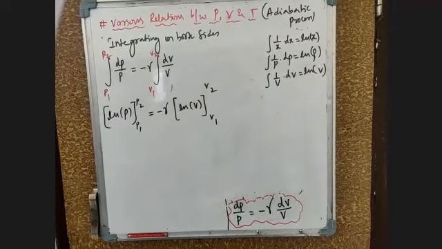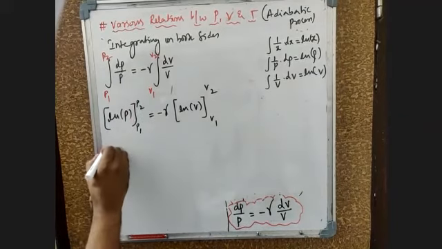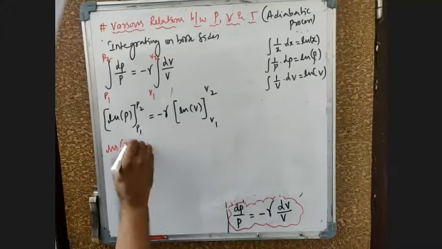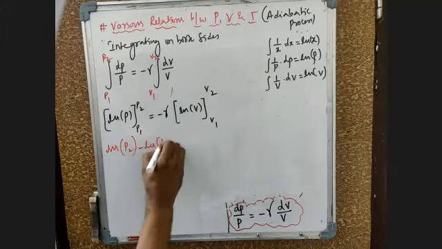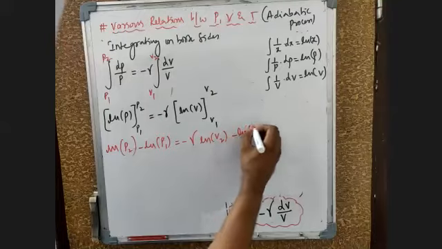Now substitute the limits. Ln of P2 minus ln of P1 is equal to minus gamma times ln of V2 minus ln of V1.